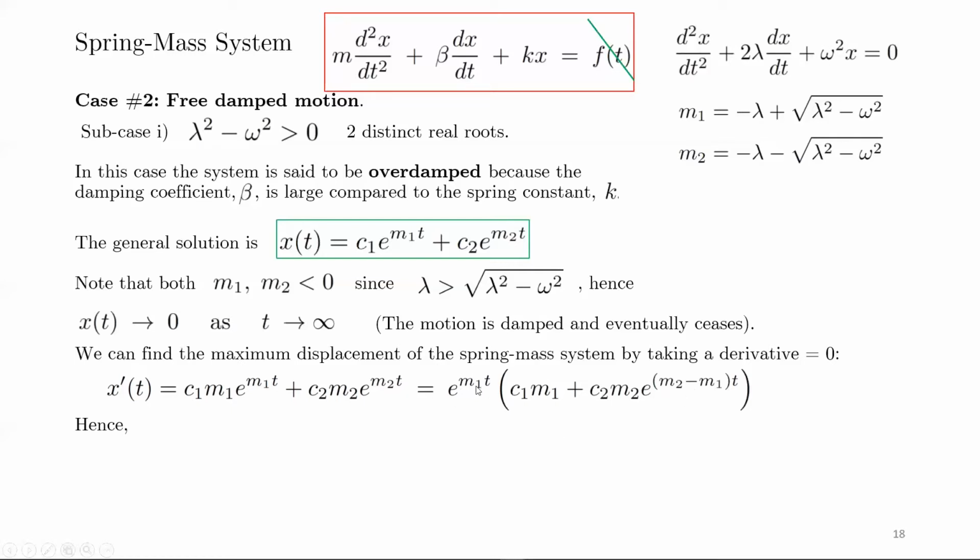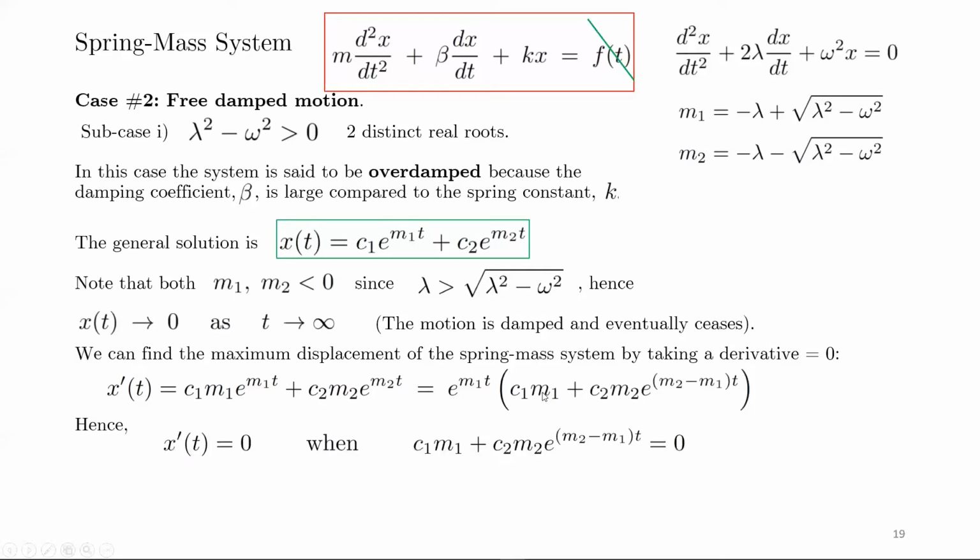If you want, you could put that factor back in. If you multiply e to the m1t times this second term here, you should be able to see that we get this original term back. So there's just a little bit of algebra there. This exponential term we've pulled out here, this is never 0, okay, apart from when t goes to infinity, so we don't care about the infinite case.